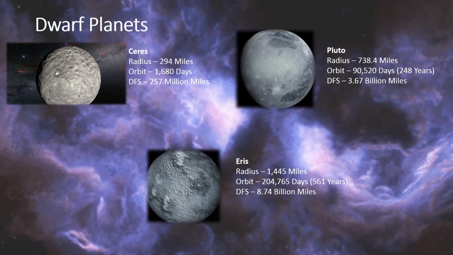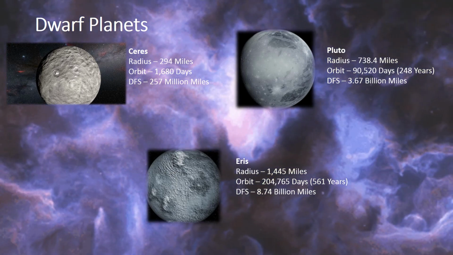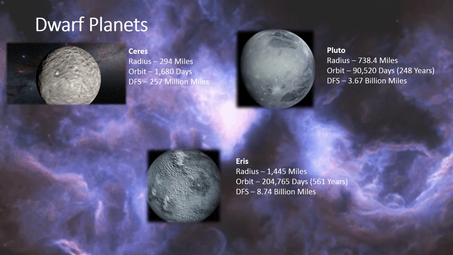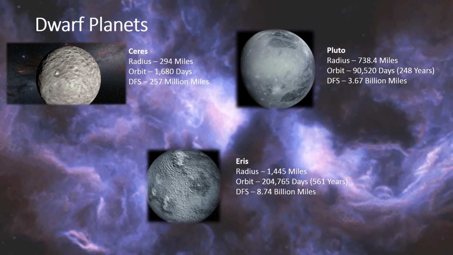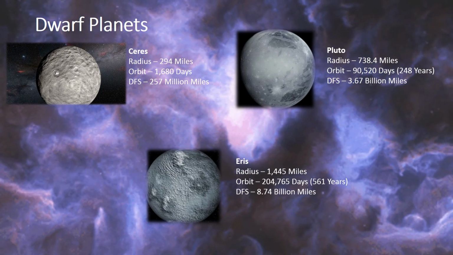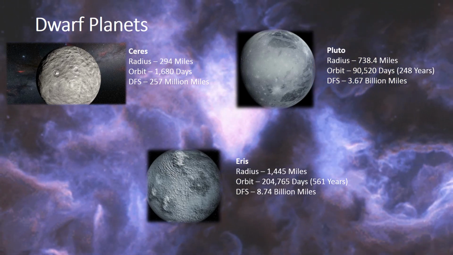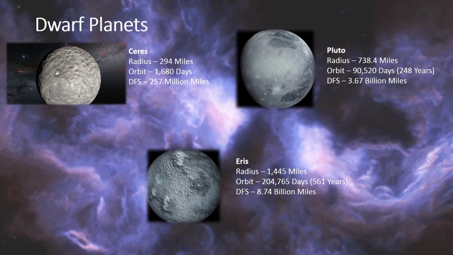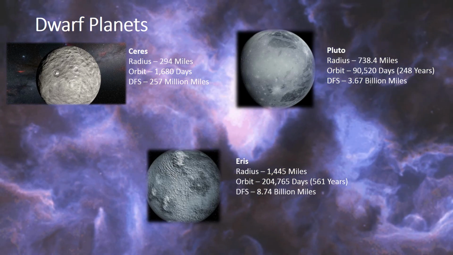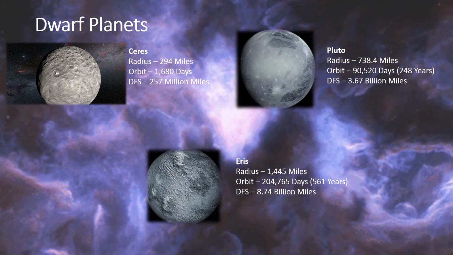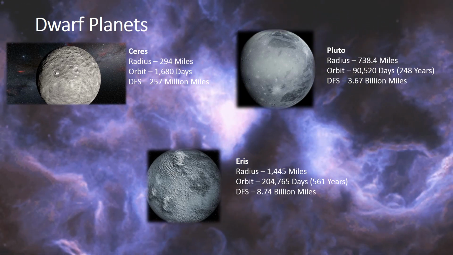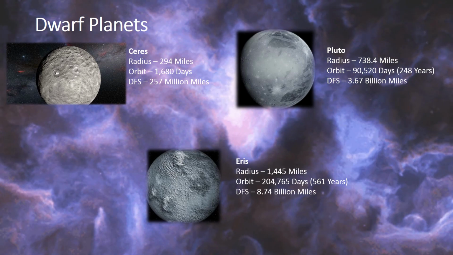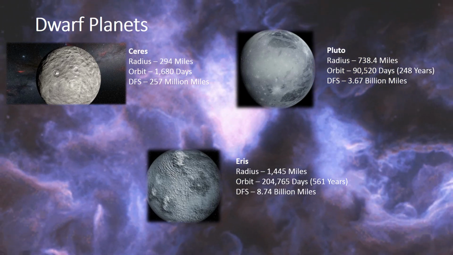But what they're looking at right now is Eris is pretty much on the edge of our solar system. And what we're finding is that there are probably a lot more potentially dwarf planets and other objects located outside of the 9 dwarf planets and somewhere in the Eris area.